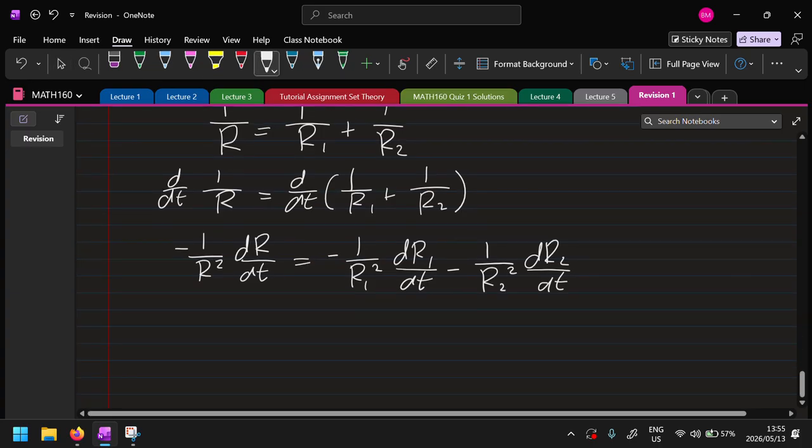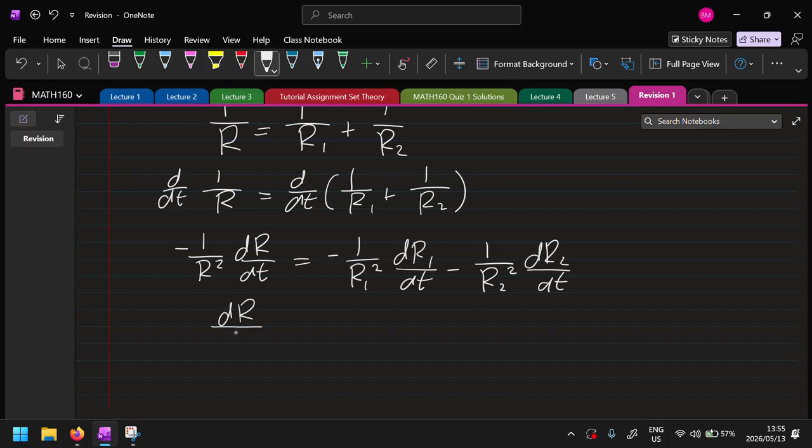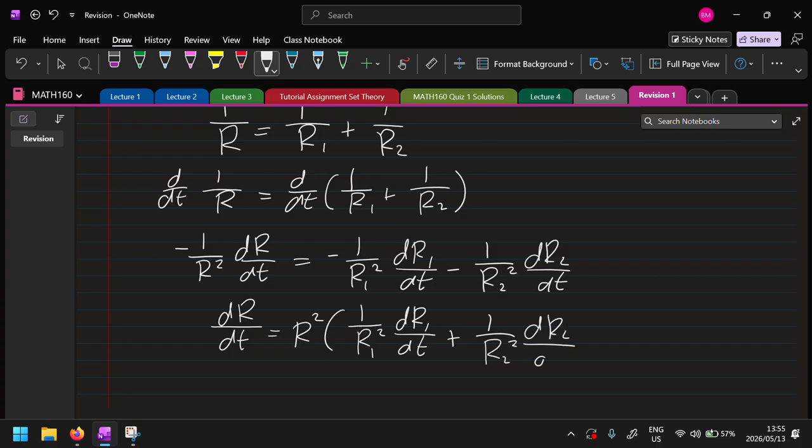And then we can take r squared over to the other side. So we have everything on the one side: dr by dt, that's what we want.